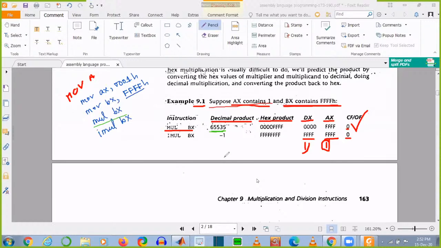How can we determine that the result is 65535 for the MUL multiplication operation? Anyone? Can anyone tell?